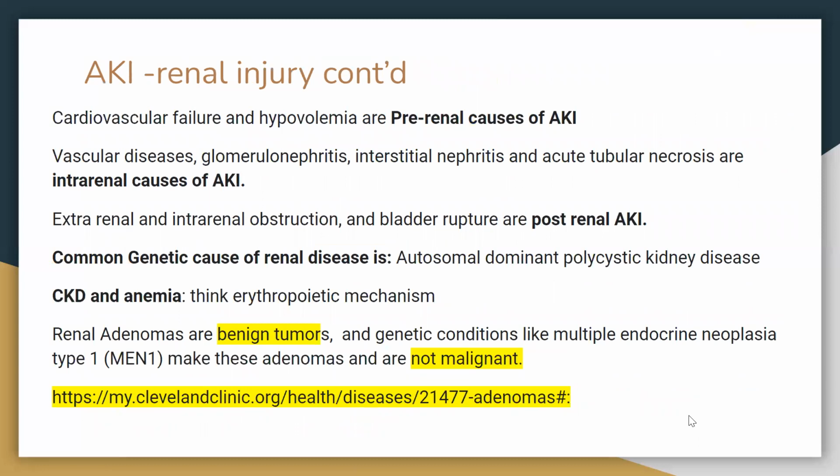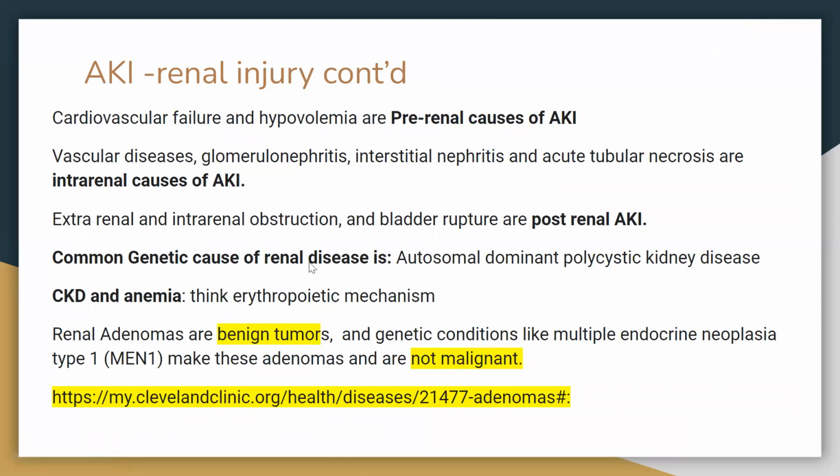Continuing on that kidney injury slide, cardiovascular failure and hypovolemia are considered pre-renal causes. Vascular diseases and glomerulonephritis are intrarenal causes, and extrarenal and intrarenal obstruction and bladder rupture are post-renal causes of AKI.